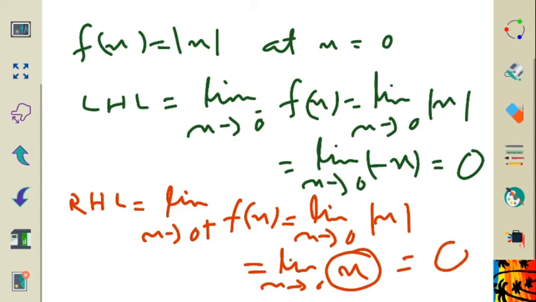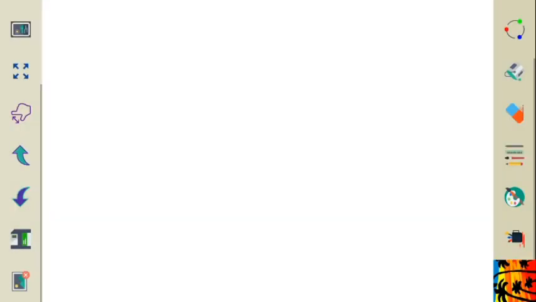So here you can easily see LHL equals RHL, hence limit exists. So at every point you can test for modulus of x, limit exists at all points. Now look at this. Suppose I take the example, a very important one.